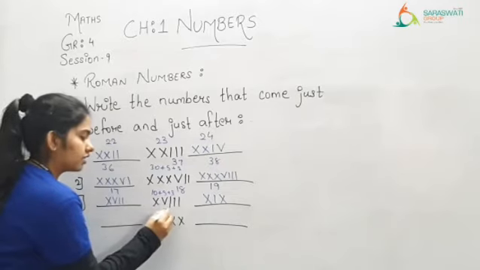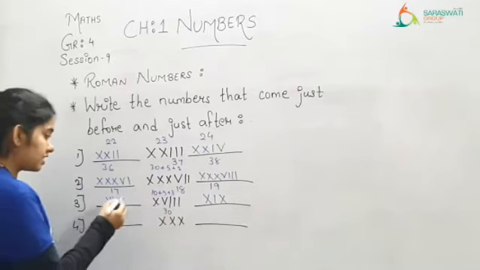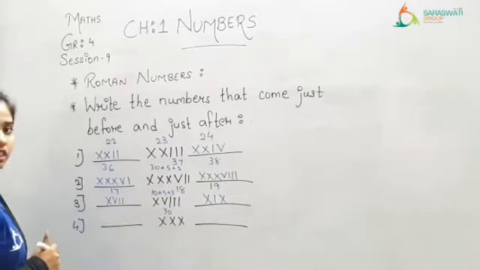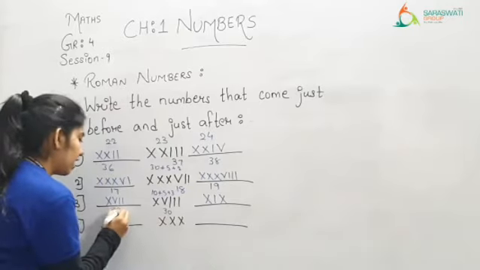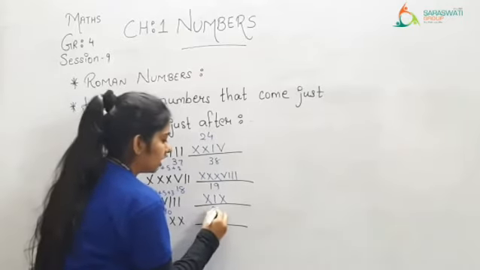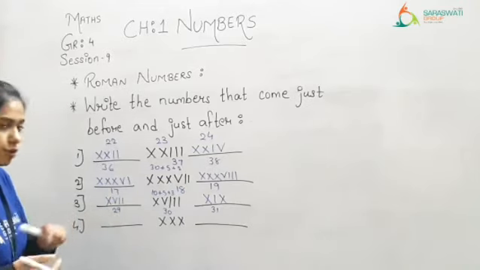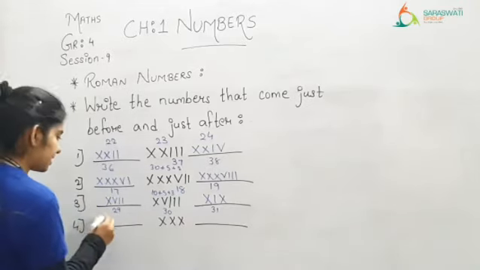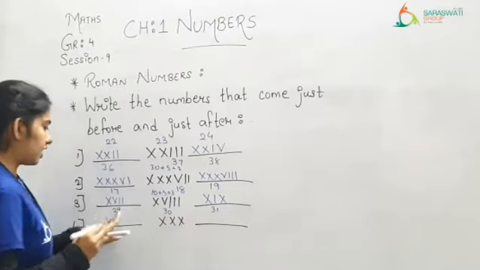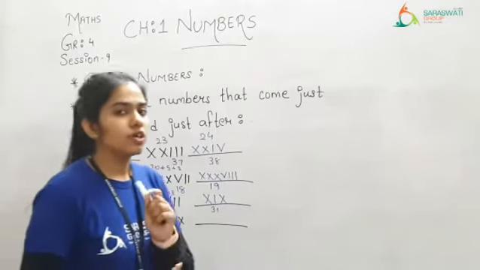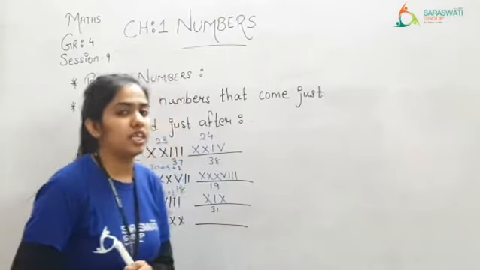So 30. Now the next is, what is the before number for 30? That is 29. And after number 31. So here the value is 2. So 2 times x. And then after 9 is there. So what is the Roman value for 9?